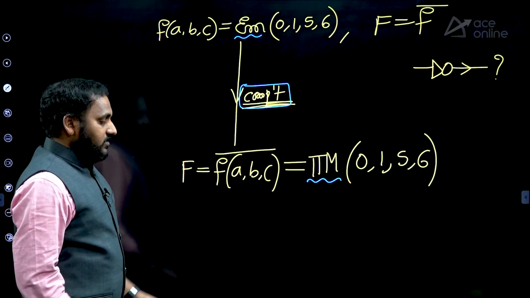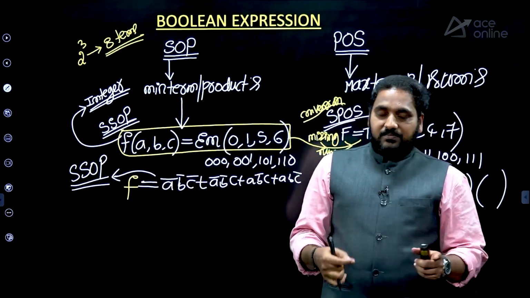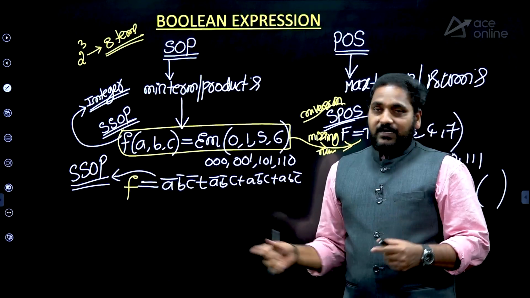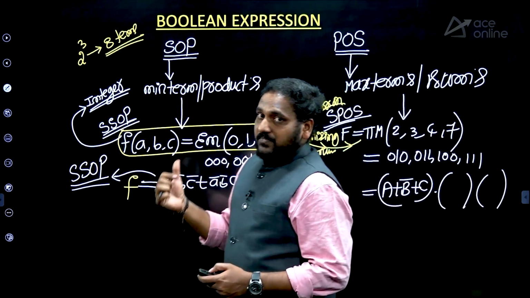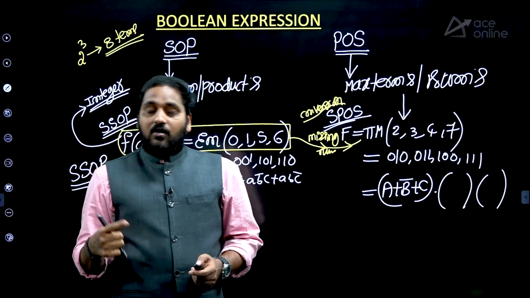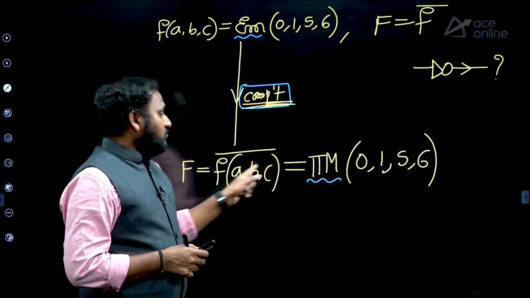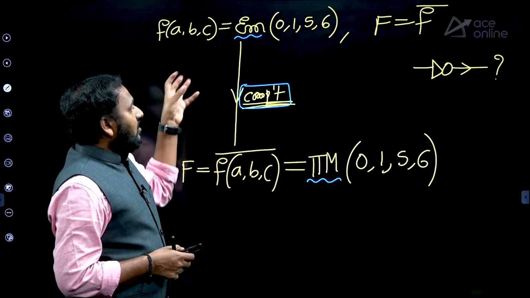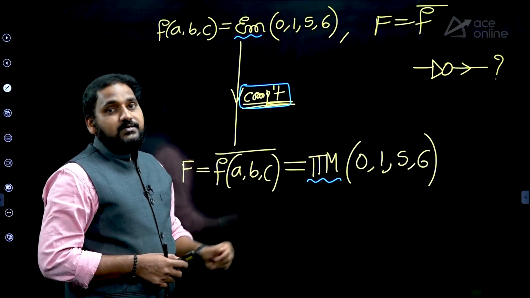So, we know the meaning of SOP, POS, general SOP and general POS, standard SOP, integer form and expanded form, and converting SOP into POS and vice versa, complement of SOP and complement of POS. If you complement the POS function again, you will get back the SOP function with the same numbers. So, if someone says, sir, after complement I want an SOP function only, then you do conversion.